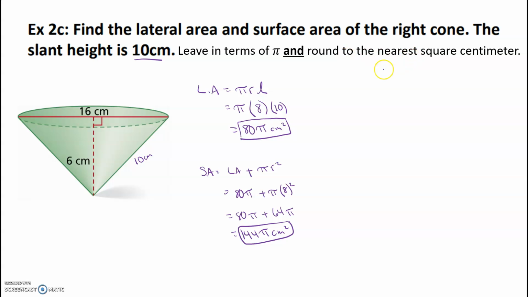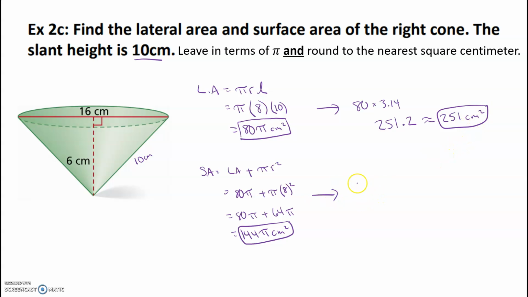Now it does say to round to the nearest square centimeter. So we're going to go ahead and round as well. So 80 times 3.14. We're going to type it in our calculator, 80 times 3.14, and we get 251.2. It says round to the nearest square centimeter, which is about 251 centimeters squared. So square centimeter is a whole number.